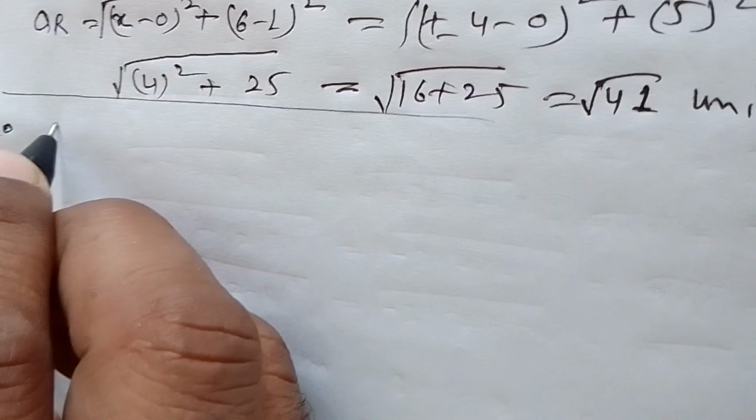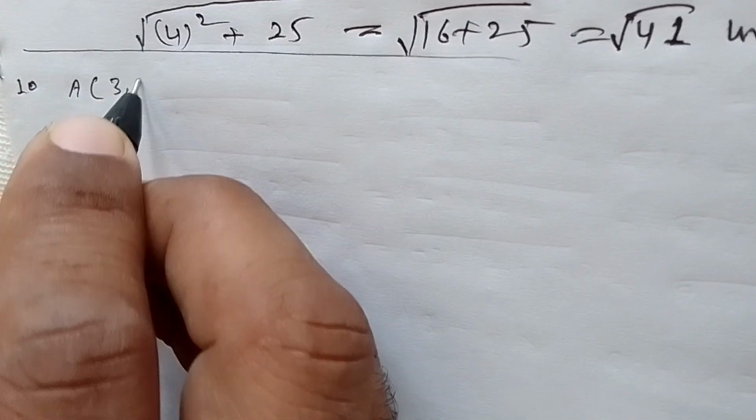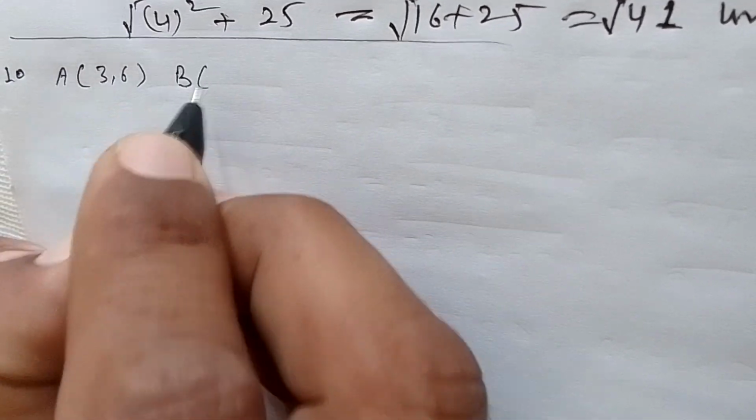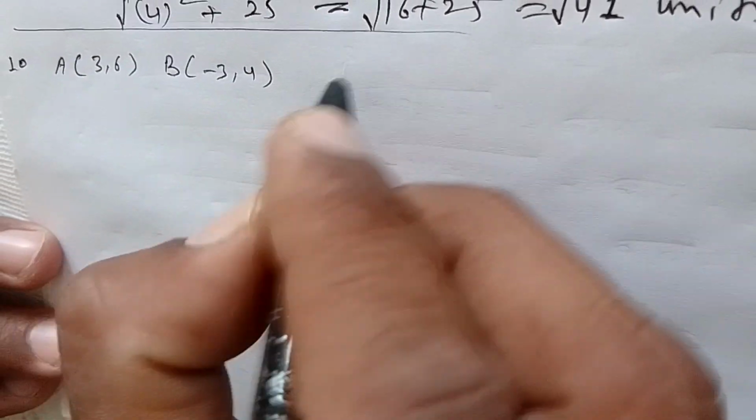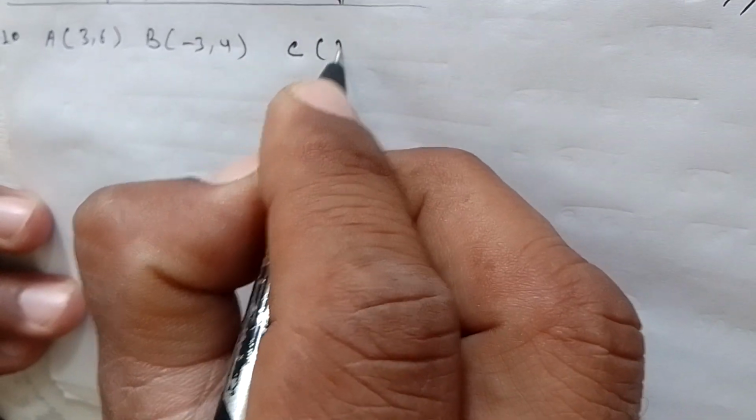Point A is (3, 6), point B is (minus 3, 4) and point C is the unknown (x, y).